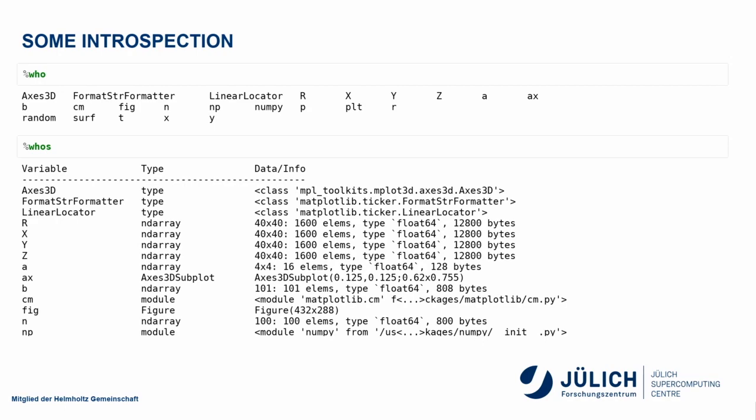You can get much more detail on these variables with whos. Now it actually tells you that np is a module, whereas A here is an ndarray. And you can clear your namespace and do a couple of other things that you'll see in the notebook.